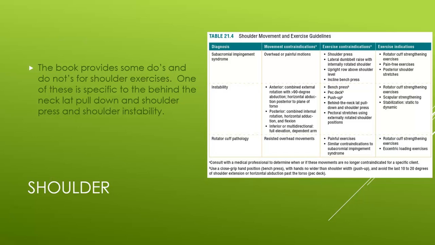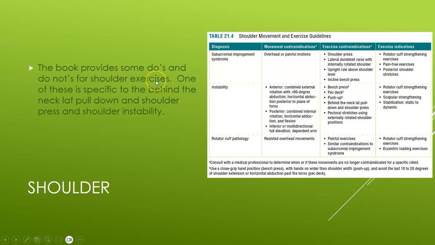But if we look at different exercise guidelines here, they have some do's and don'ts for shoulder exercises. With subacromial impingement syndrome, you're not going to do overhead or painful movements. The contraindications are shoulder press exercises. Things that are indicated are rotator cuff strengthening, pain-free exercises, and posterior shoulder work.